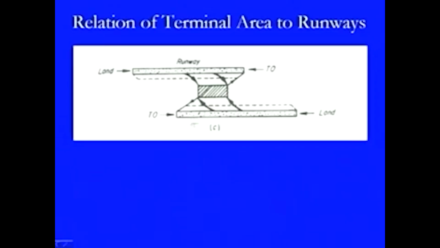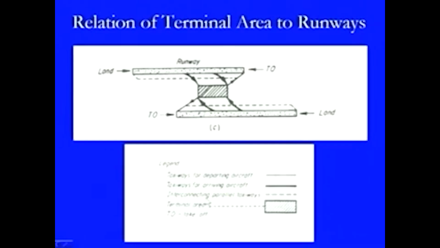And then we are providing the connectivities in this sense that there is an exit taxiway located like this or this. And this is a unidirectional condition because this taxiway will be used for the takeoff aircraft, whereas this taxiway will be used for the landing aircraft, which will be moving towards the terminal building.